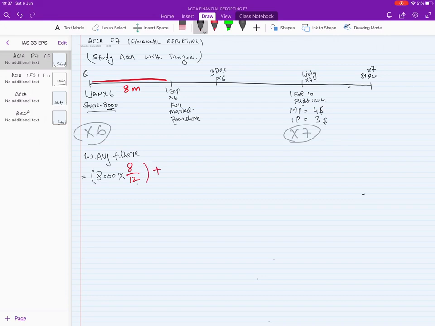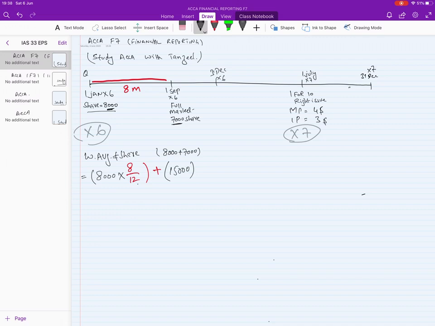Now the company is issuing 7,000 shares. Previously they were having 8,000, and now they are issuing 7,000 more. It means now the company will have 15,000 shares.